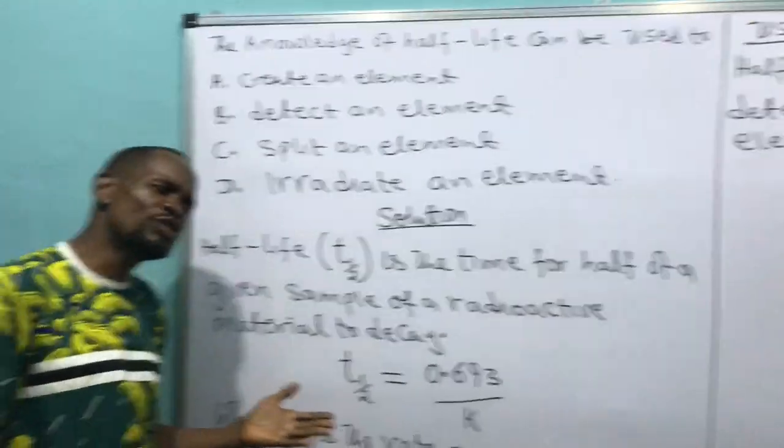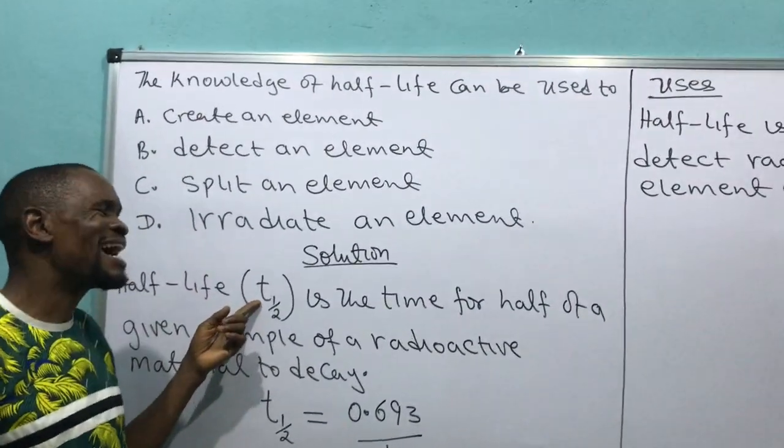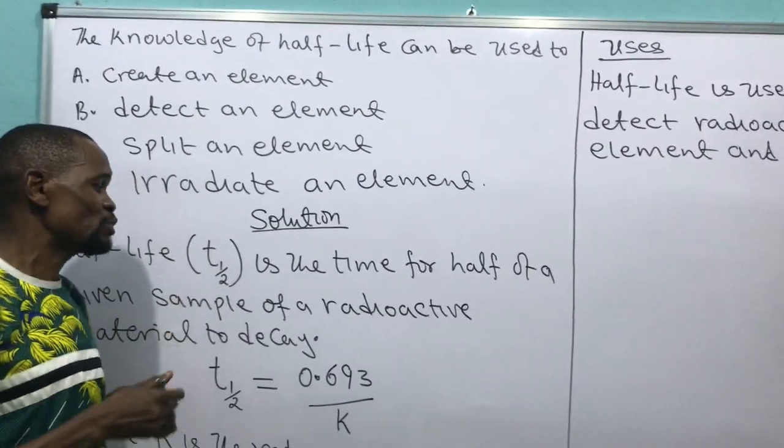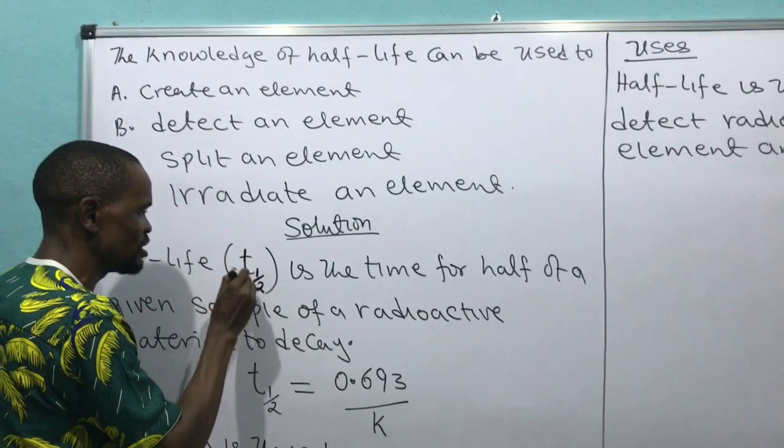Solution. First of all, let us know what we mean by half-life. Half-life, which we represent with T subscript 1/2, is what we use to represent half-life, so that anytime you see this, you know what we are talking about.